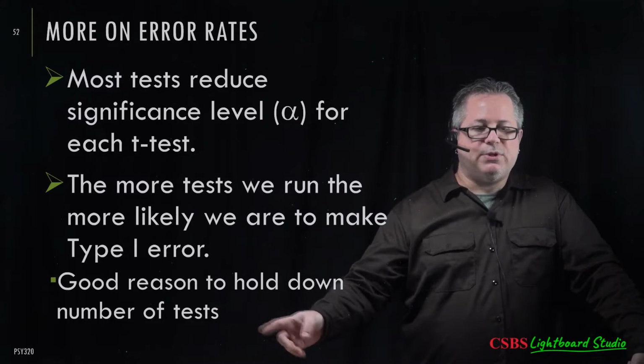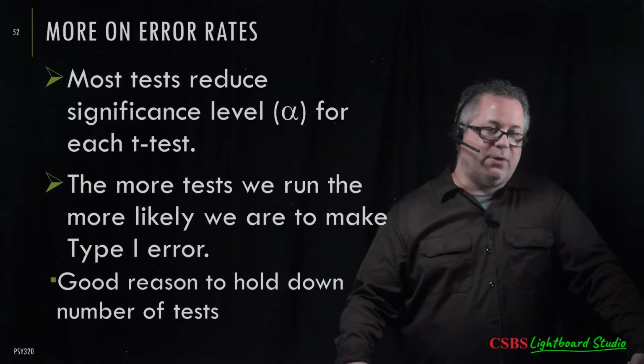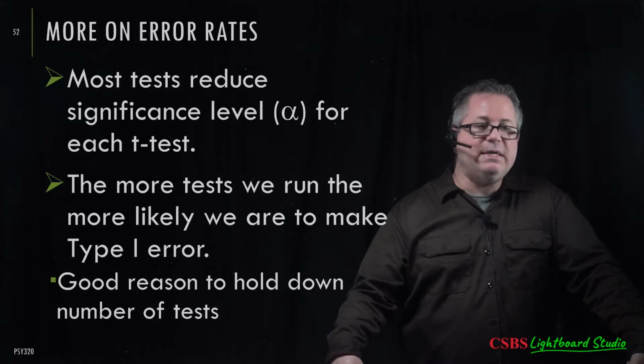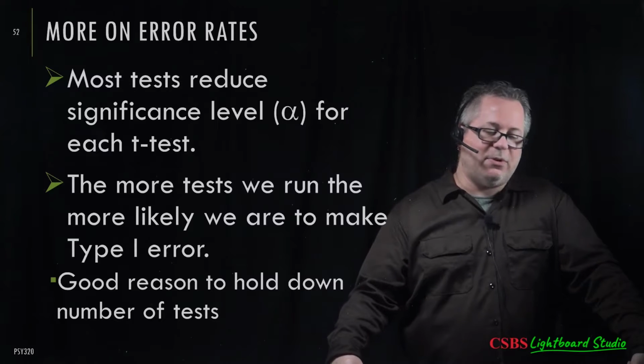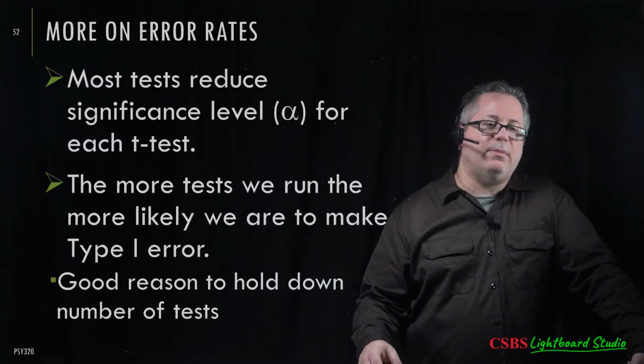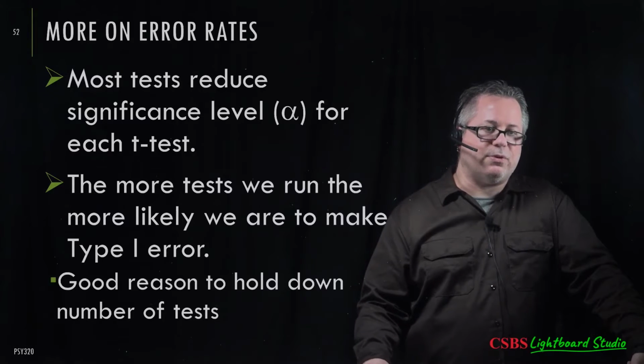It's also a good reason to hold down the number of tests, meaning that even though, like with 10 groups, you can do 45 t-tests, it doesn't actually mean you need to do 45 t-tests. Maybe you only need to do 5 of those. It's a good reason to minimize the number of actual tests you're going to be performing, so you don't have to control for it so much.